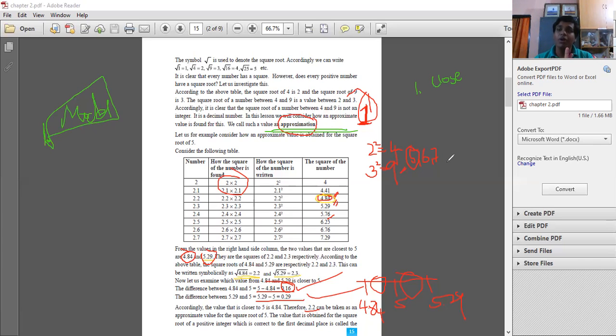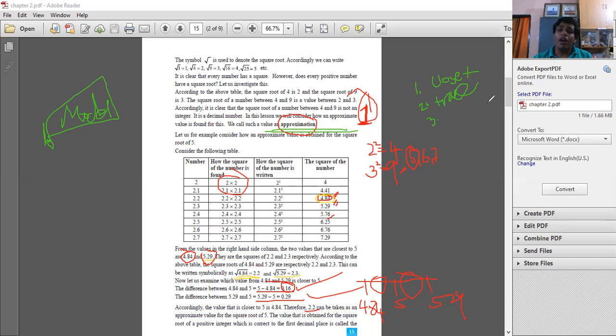When you're taking 5, you should find both the greater one and the lower one. The 4 and 9 both should be found. Then we trace them back to their square roots, the positive ones.